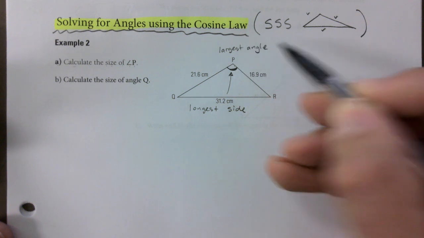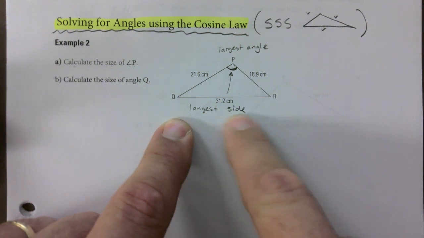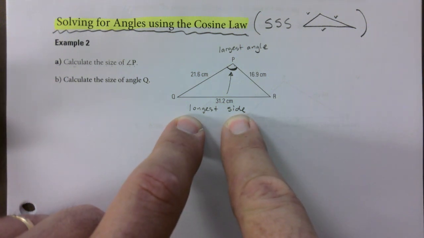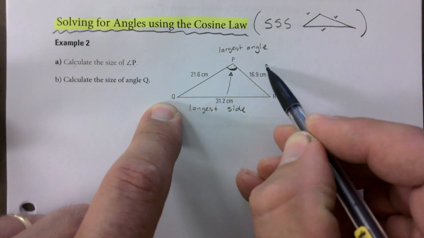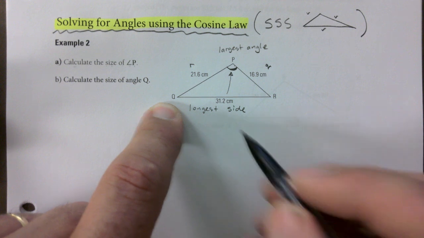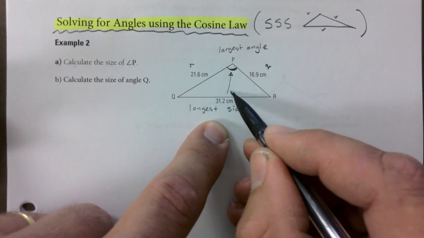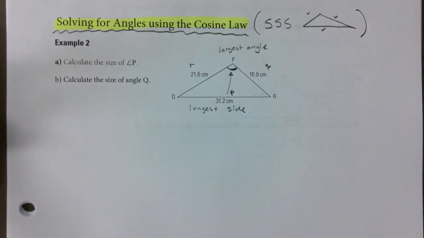Always keep that in mind that P has to be the biggest angle of all because it's across the longest side. Okay. I also want you to do this, lowercase q here, lowercase r there, and this obviously is lowercase p. We're going to put that right there so that I know that my side lengths are labeled.